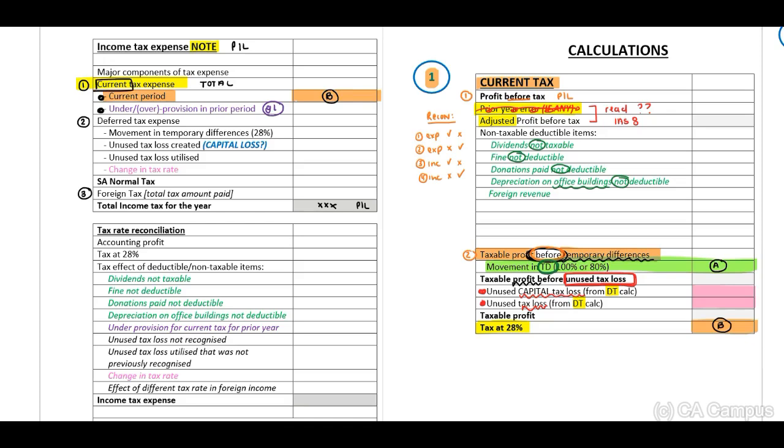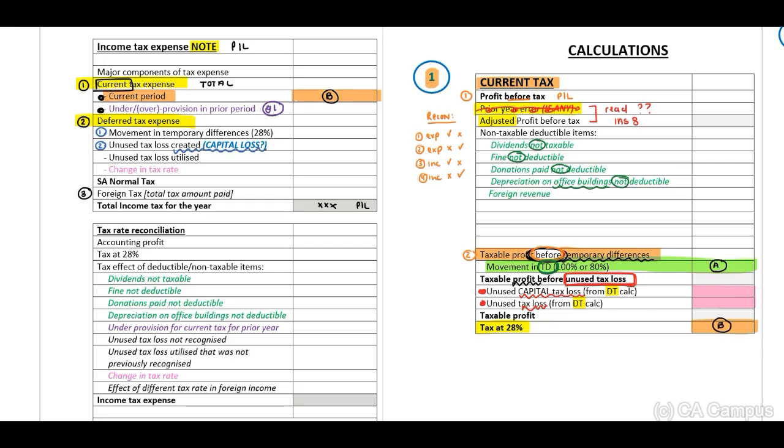Now let's have a look at our second component of our income tax expense note, and this will be our deferred tax expense. The deferred tax expense consists of 4 important sections. Number 1, movement in our temporary difference. Number 2, our unused tax losses created.